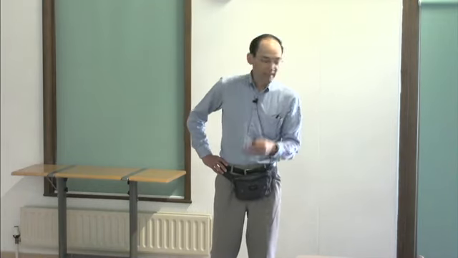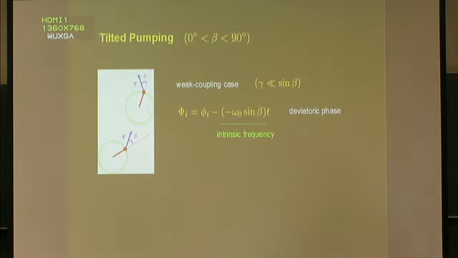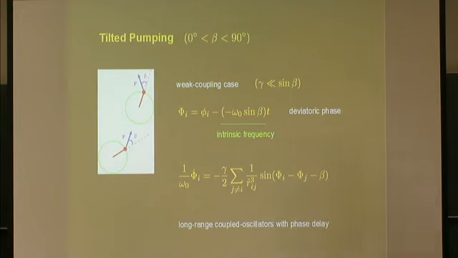Then we can subtract the intrinsic frequency from the phase to define a deviatoric phase, capital Phi_i. For this, we can derive a simplified equation. So this has a simple form. Beta is a phase delay, and we have a long-range kernel.